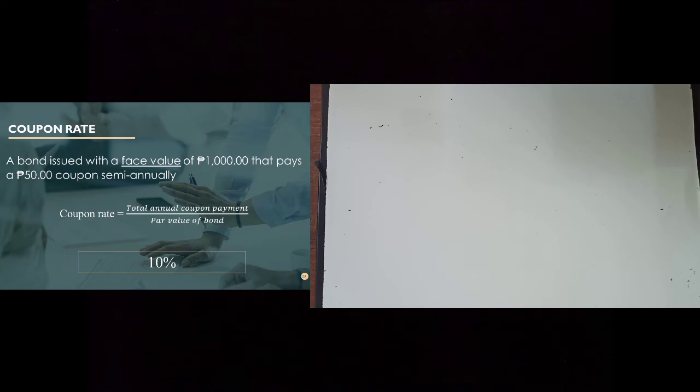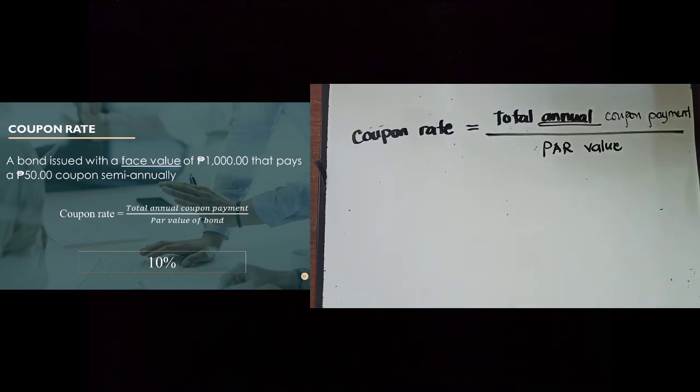Okay? So, ilang percent yung interest na natatanggap ko, and that is the interest rate or the coupon rate. So, to solve for the coupon rate, coupon rate is equal to the total annual coupon payment divided by the par value. Okay? Again, annual. Annual po ang kukuhanin natin dito.